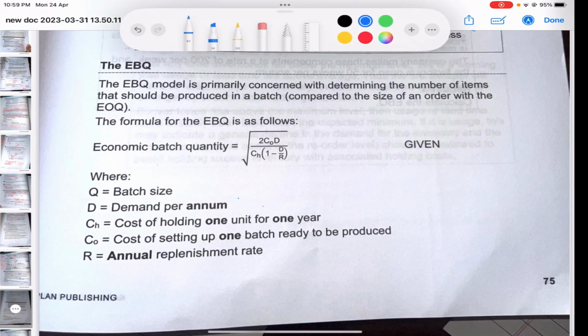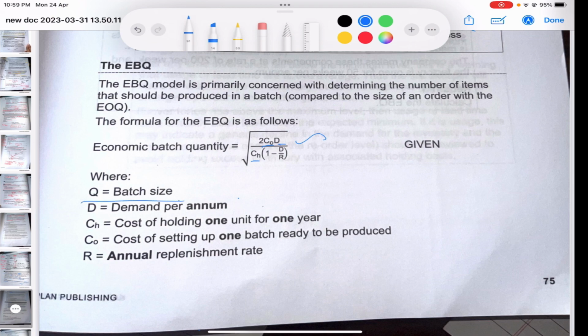The EBQ model is primarily concerned with determining the number of items that should be produced in a batch, compared to the size of an order within the EOQ. The formula of the EBQ is as follows: square root of 2 times CO times D, divided by CH times (1 minus D upon R). Now what is the new thing we have learnt here? Again, the meanings of these change in the two formulas.